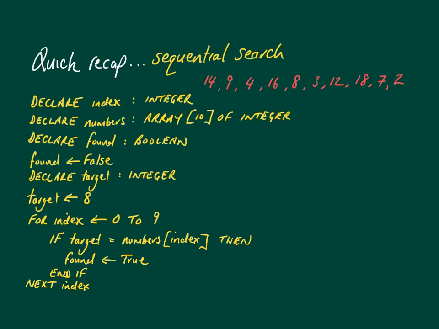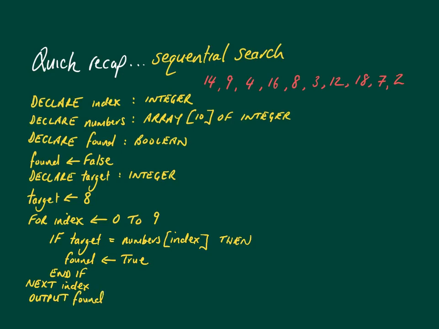By the time we get to the end of the iteration through the loop, we can guarantee that if we have found any one of the array elements to match target, then the value of the found Boolean variable will be true. If for whatever reason we haven't managed to match target to each of the array elements, then found will be set to false. And so a nice easy way of just outputting something useful to the user is just to output the value of found.